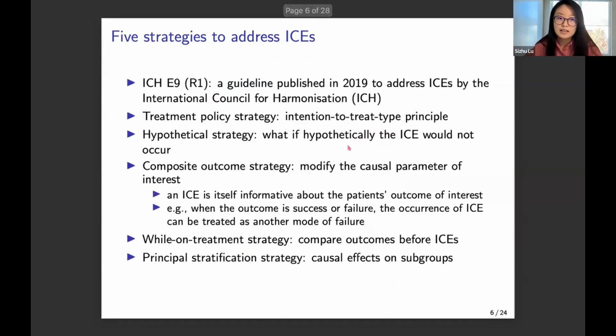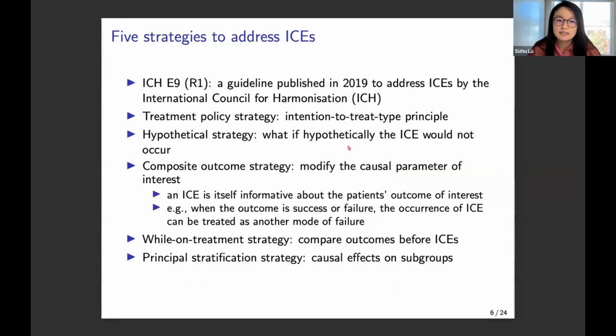In the past, people tend to treat this as a missing data problem, because we are not going to observe their outcome, and either use complete case analysis, which we know is a biased subsample, or rely on some very strong identification assumptions.